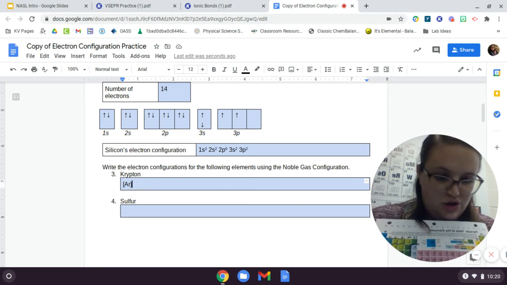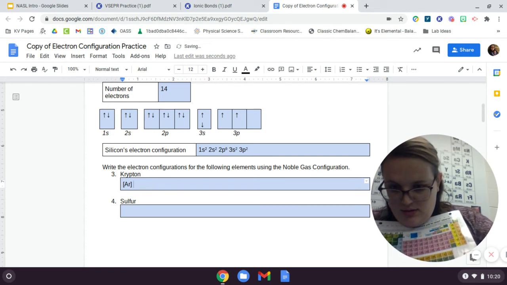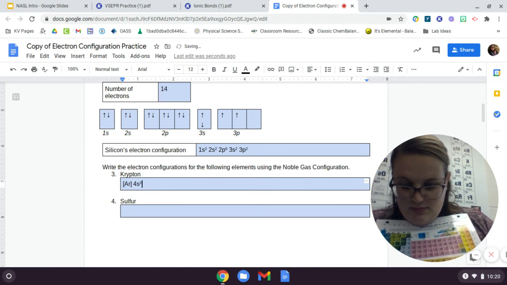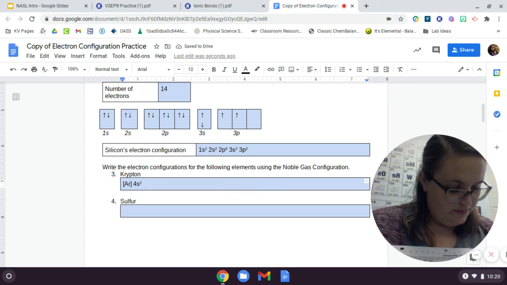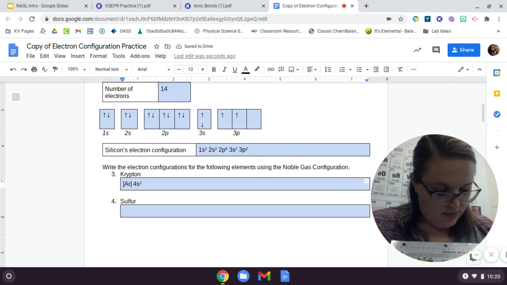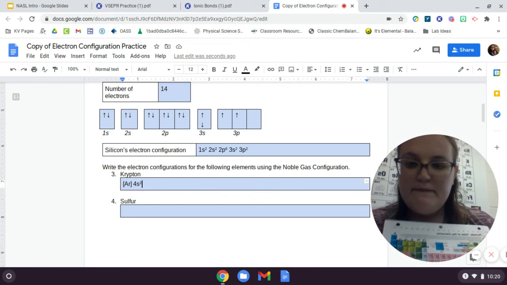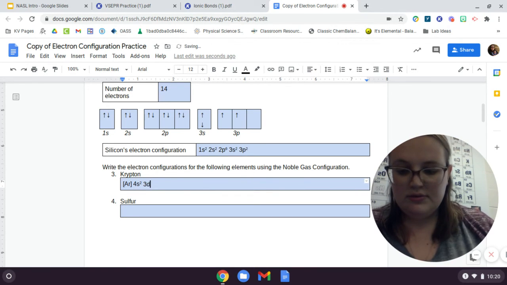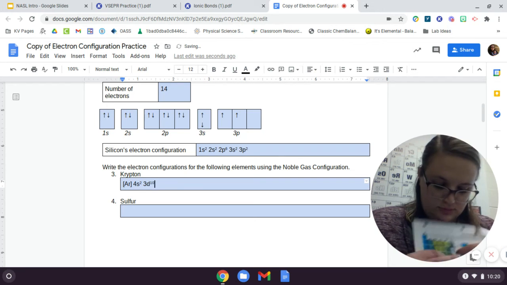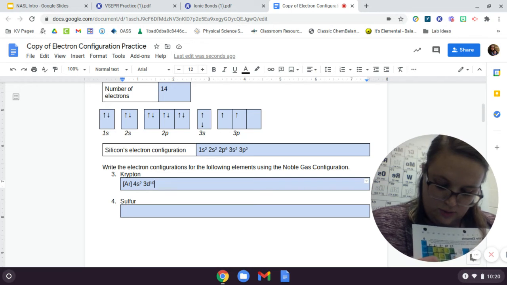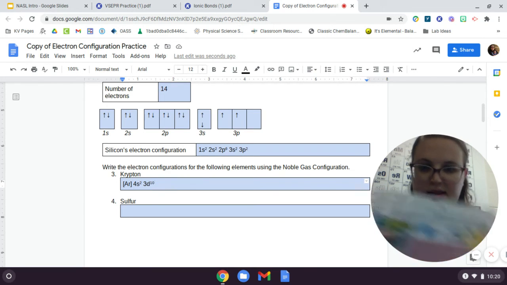So I'm going to do 4s2. 3d, 1, 2, 3, 4, 5, 6, 7, 8, 9, 10, 3d10. And then 4p, 1, 2, 3, 4, 5, 6.